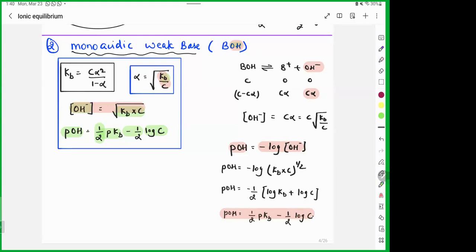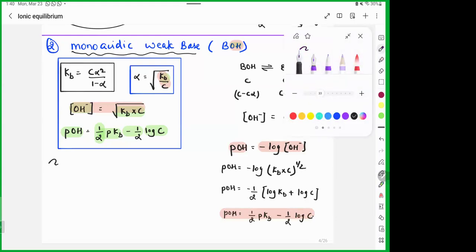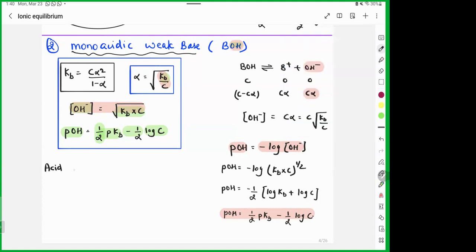So this revision is really important. For acid, you have H positive concentration as Ka multiplied by C under root. Okay. And pH value was equal to half pKa minus half log C. For base, your OH negative concentration will be Kb into C under root.